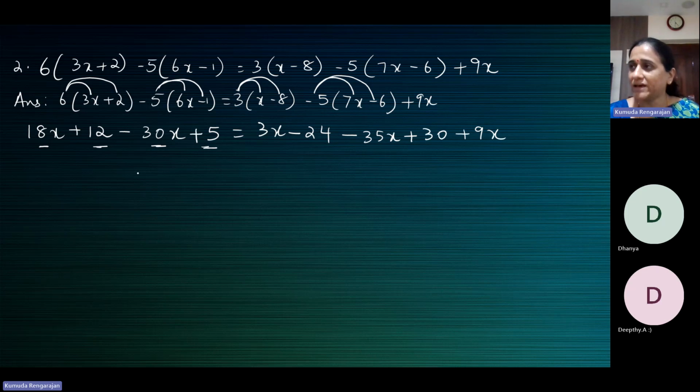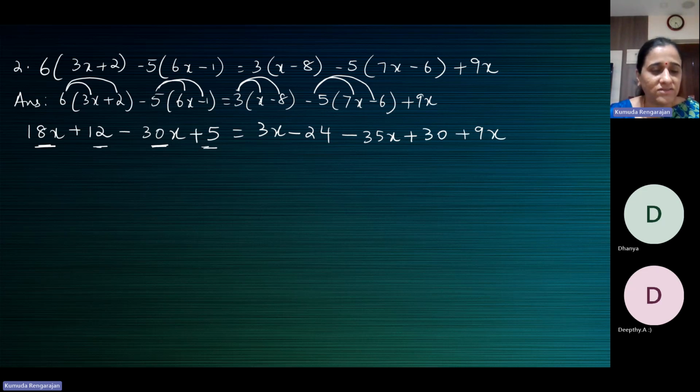Once we remove the brackets, it's addition or subtraction according to the signs. If the two numbers have the same signs, we'll add and put the same sign. Different signs, we'll subtract. Now it's not multiplication. It's addition or subtraction.